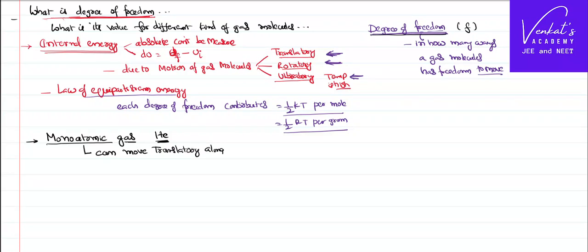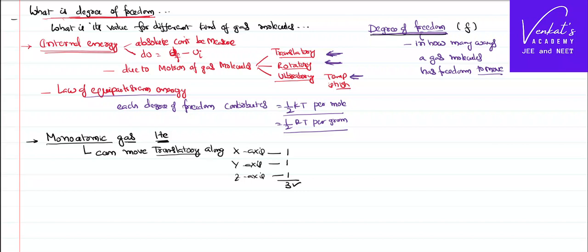It can move along the x-axis, along the y-axis, and along the z-axis. It has a three-dimensional motion. Each of these is a degree of freedom. Here is 1 degree of freedom, here is 1 degree of freedom, here is 1 degree of freedom. So the total degrees of freedom it has is 3 due to the translatory motion.